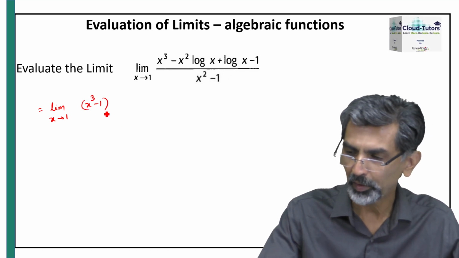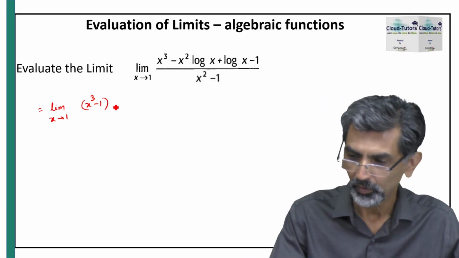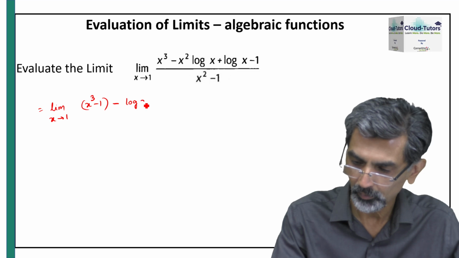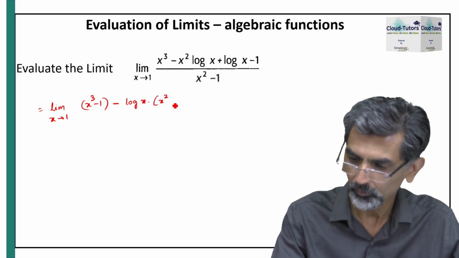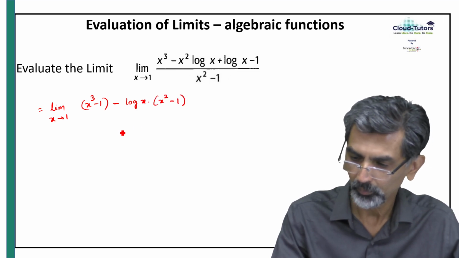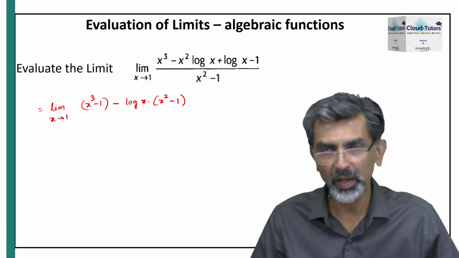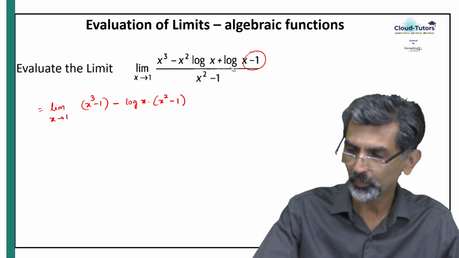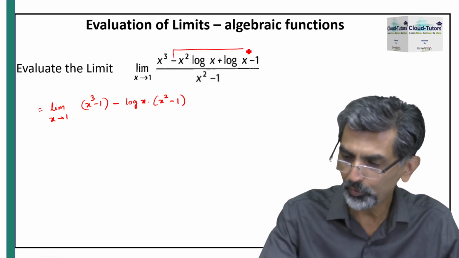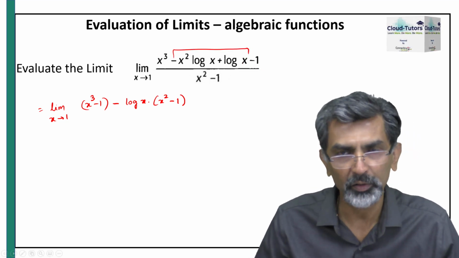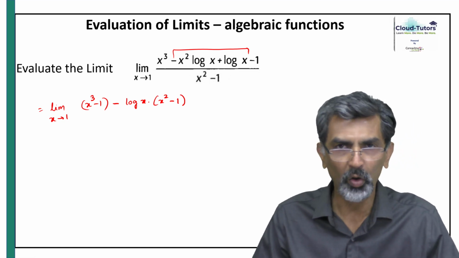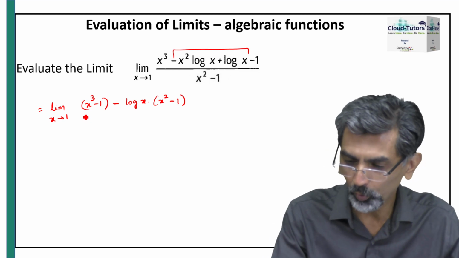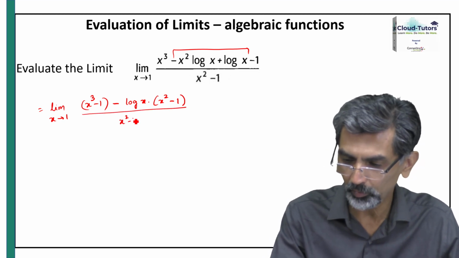We'll combine x cube minus 1, so I have combined x cube minus 1 together, these two terms, and then these two are combined together as well by taking log x out as a common term between those two, divided by x squared minus 1.